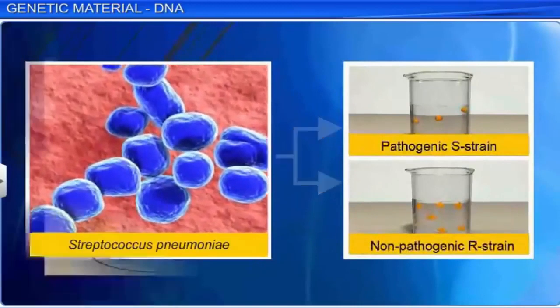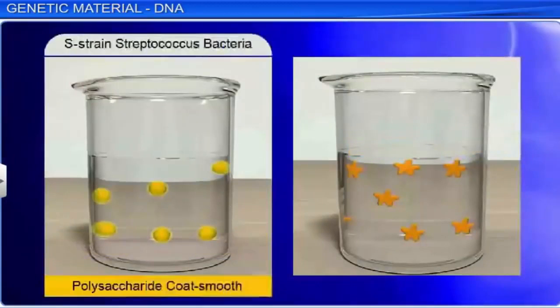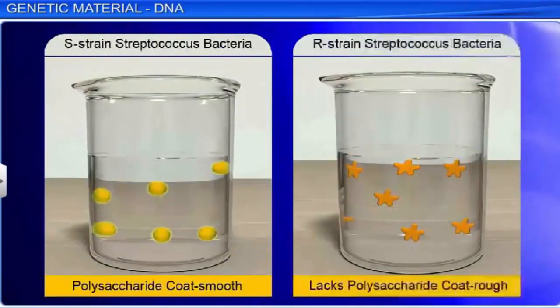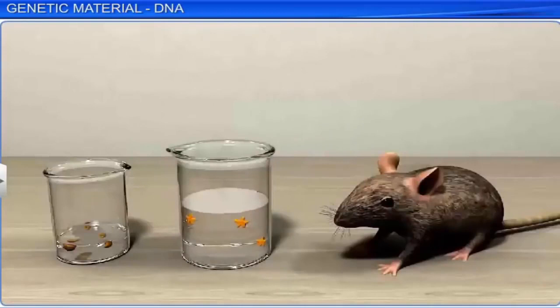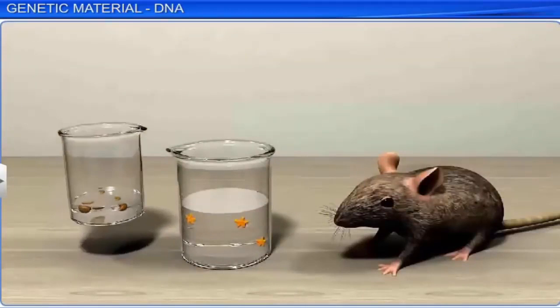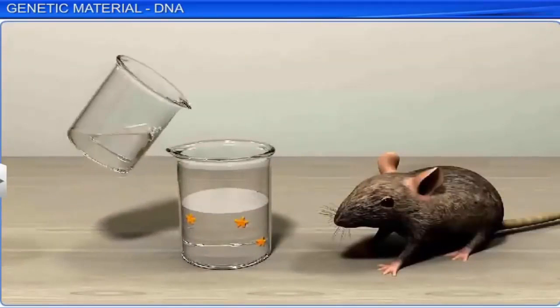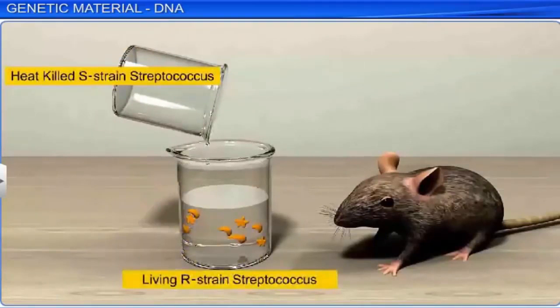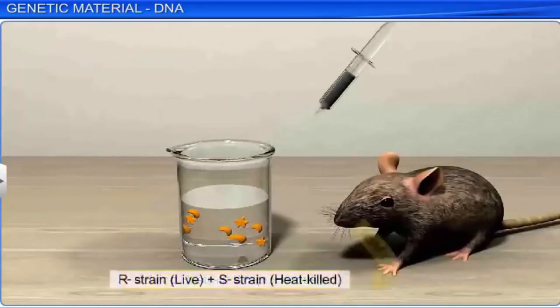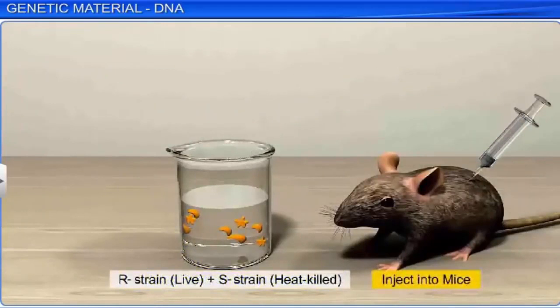The S strain has a polysaccharide coat that makes it smooth, whereas the R strain lacks it, making it rough. During his experiments, Griffith realized that when heat-killed S-strain cells were mixed with R-strain living bacteria, and this mixture was injected into healthy mice, they died of pneumonia.